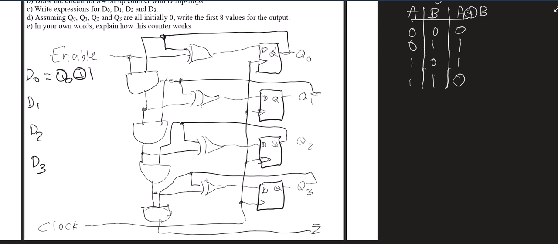We're assuming the enable is 1. So that's it. D1 is Q1 exclusive OR Q0, because even though this is an AND, it's an AND of Q0 and 1, and the AND of anything with 1 is just itself.